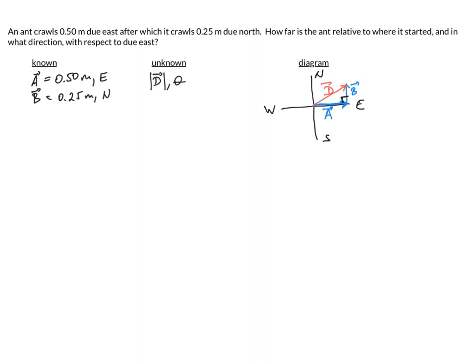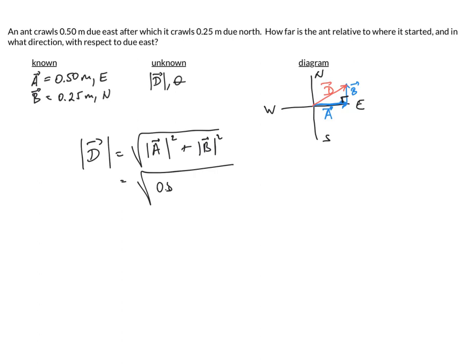So I will just say that D, the magnitude of D, is going to be the square root of the magnitude of vector A squared plus the magnitude of vector B squared. So that is the square root of (0.50 meters) squared plus (0.25 meters) squared. And when we plug the numbers in, we end up with 0.56 meters for the magnitude of that displacement.